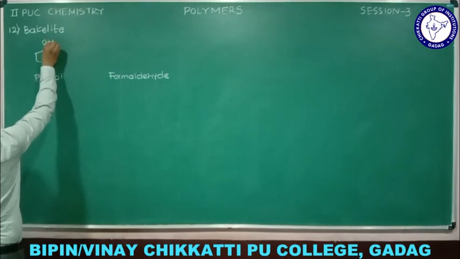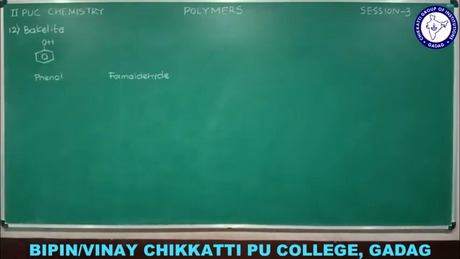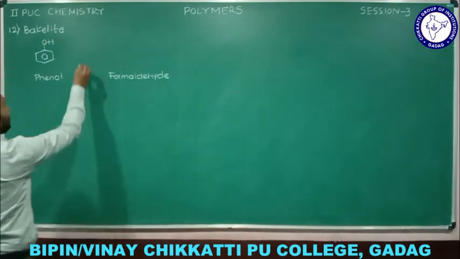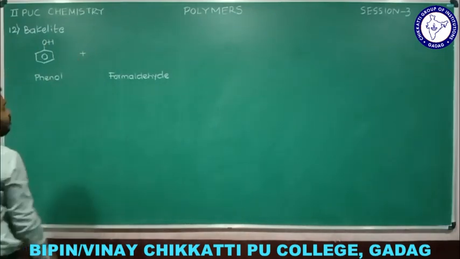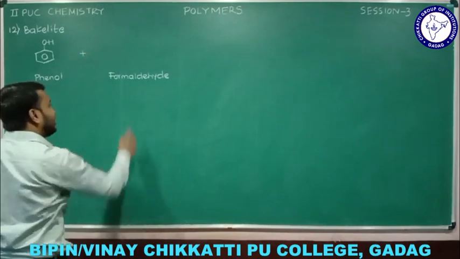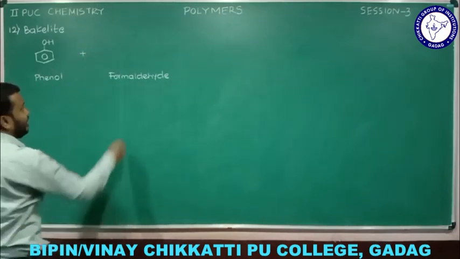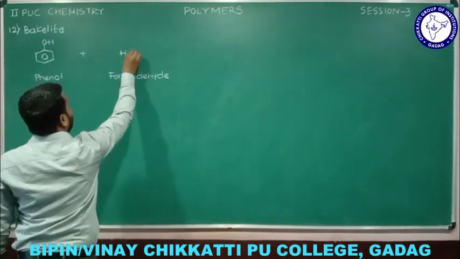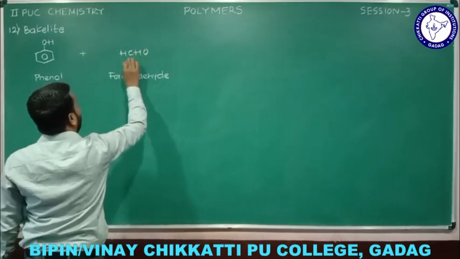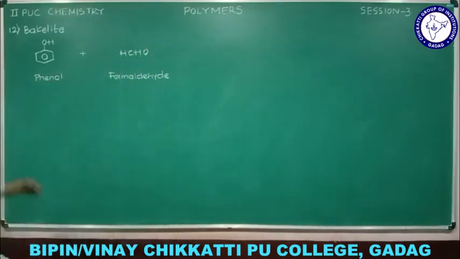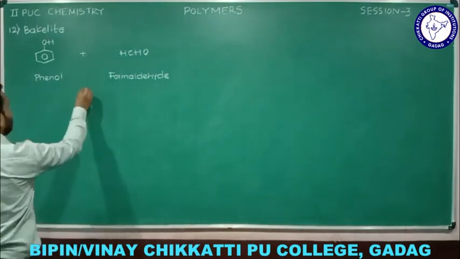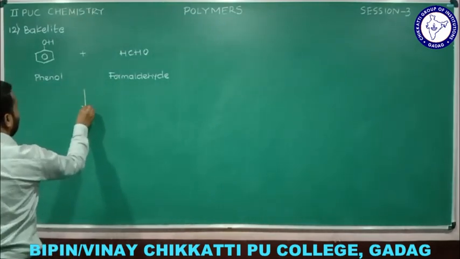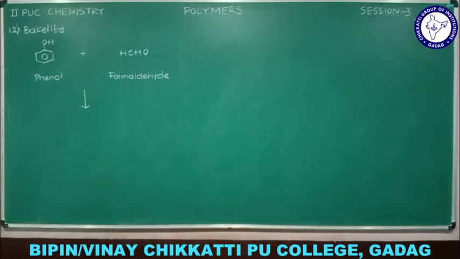If an OH group is attached to one carbon of the benzene ring, that is phenol, and one more monomer is formaldehyde, that is the aldehyde. The formula for formaldehyde is HCHO. Formaldehyde is the common name, and since we have one carbon here, as per IUPAC you can call it methanal.